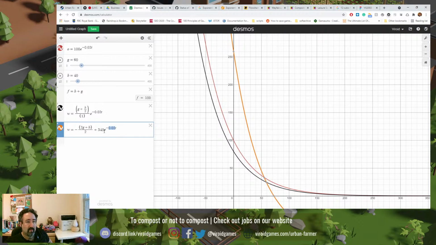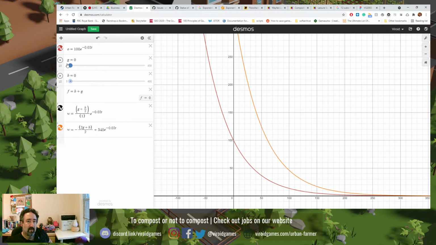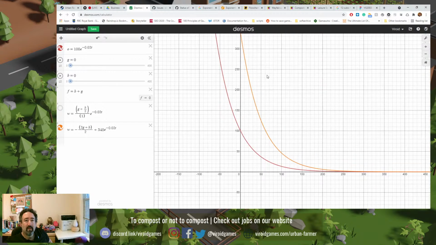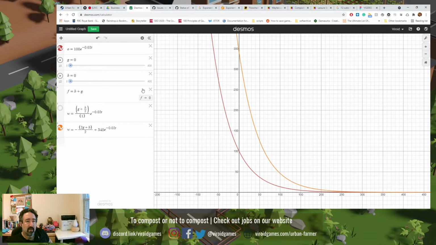But if you did, then at least that's where it should start, which also means that if G and B are zero, similar to the other equation, its maximum point is essentially 340, which is the maximum amount.